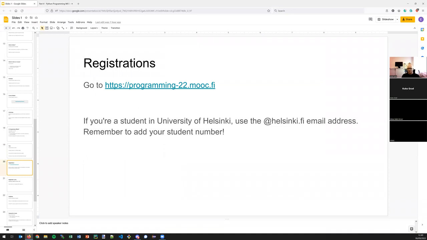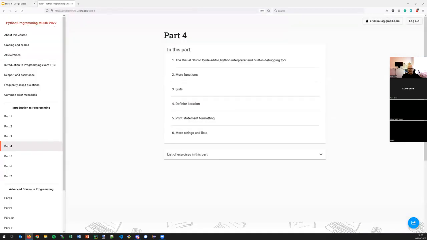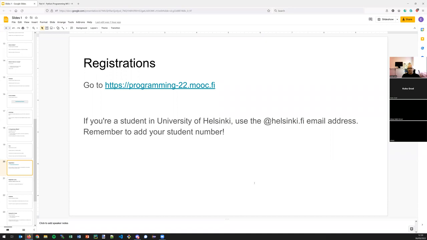To register to the material, you go to programming-22.mooc.fi, and then there's a register button here, or it asks you to register in the beginning of the first part. If you're a student in University of Helsinki, use the email provided by the university and add your student number in your details.